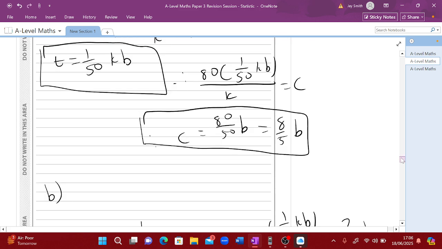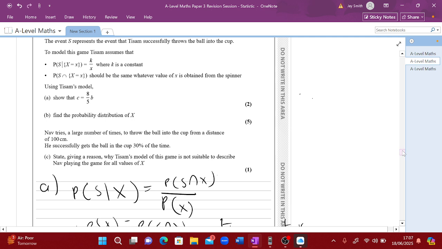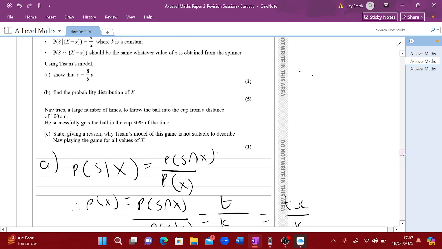So in particular, x is going to be 100, I think. So he successfully gets the ball in the cup 30% of the time.